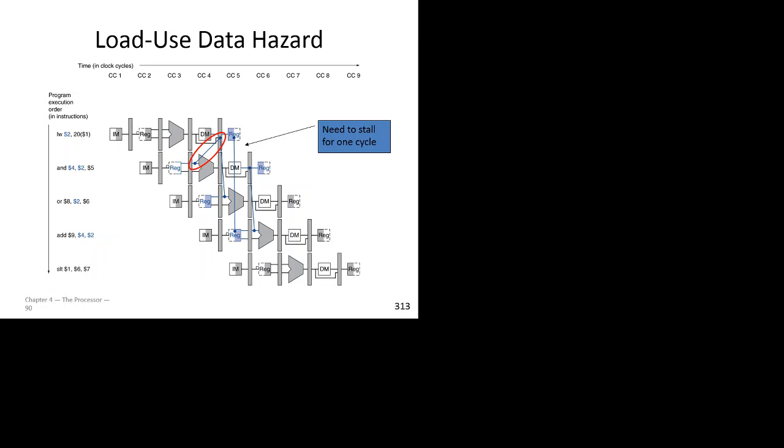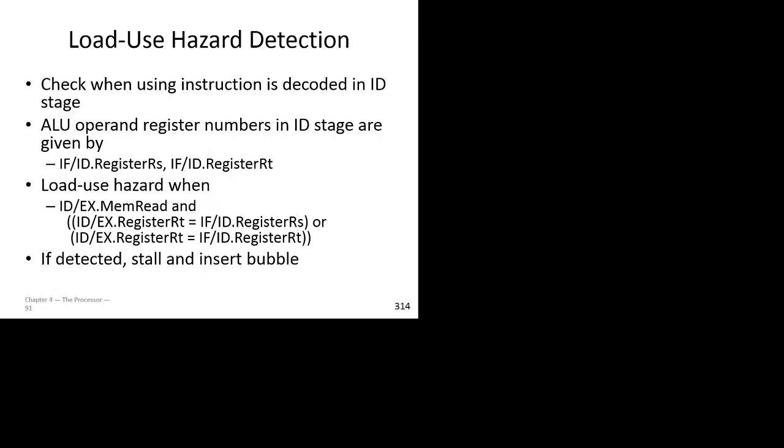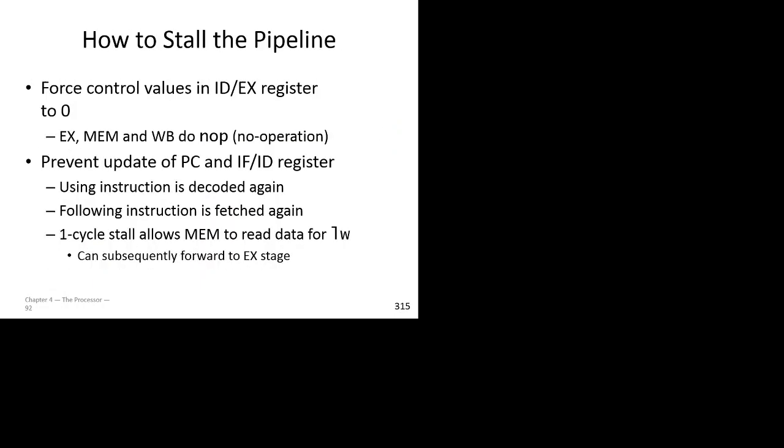So even still, sometimes you'll have to stall, because we can't go backwards in time. It's just going to go straight down. This is not realistic. I kind of talked about this already, how to stall the pipeline. We just throw no-ops in there, or we can reorder our code to do other stuff.